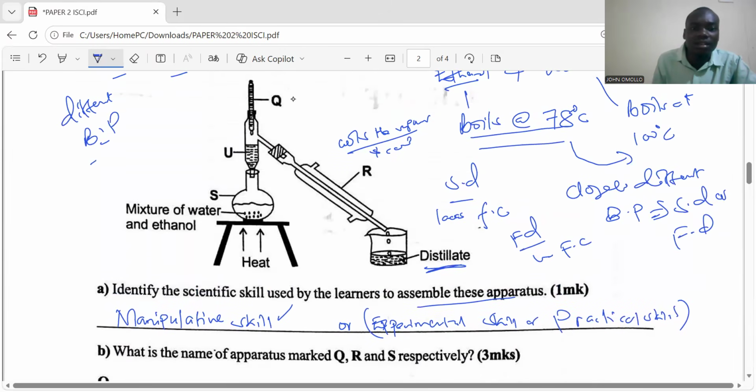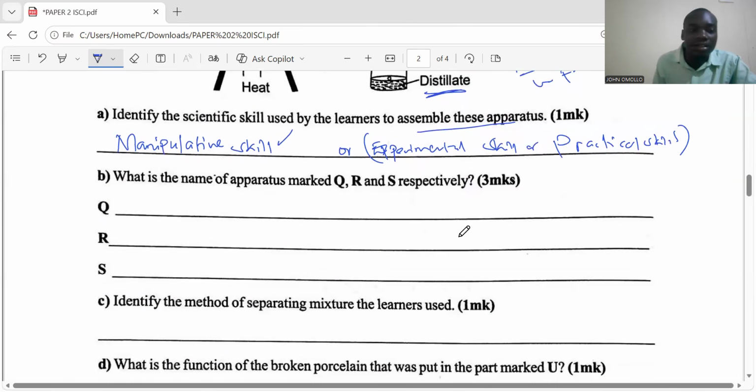Q, in this case, is a thermometer. The thermometer is used to measure the temperature of the vapor. And then R is Liebig's condenser. And even if you write condenser, you get the answer.